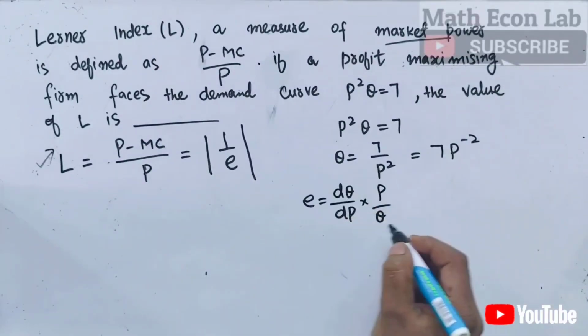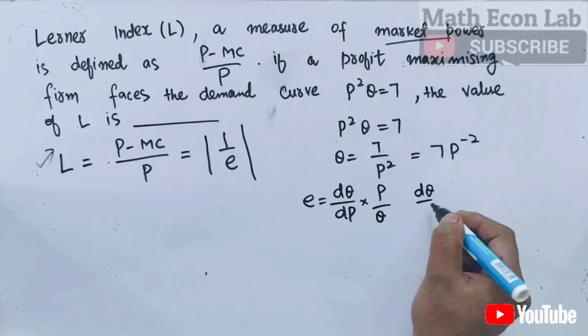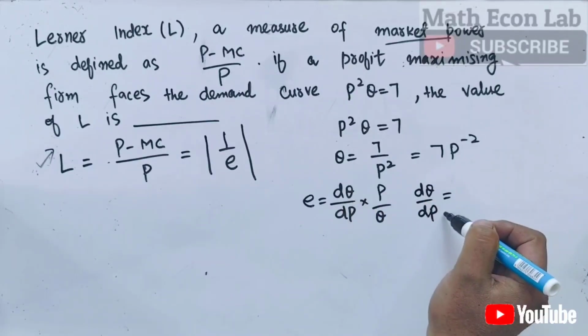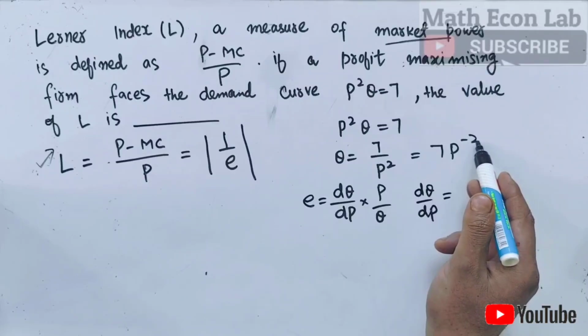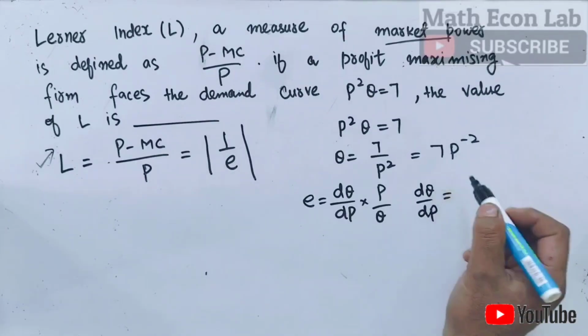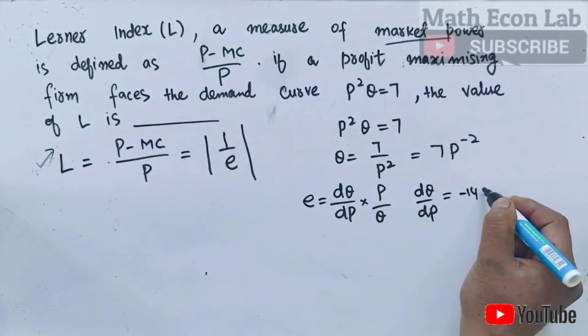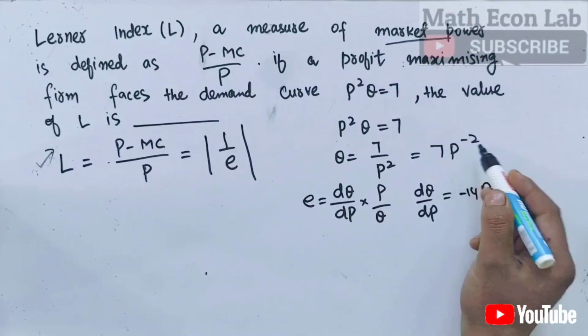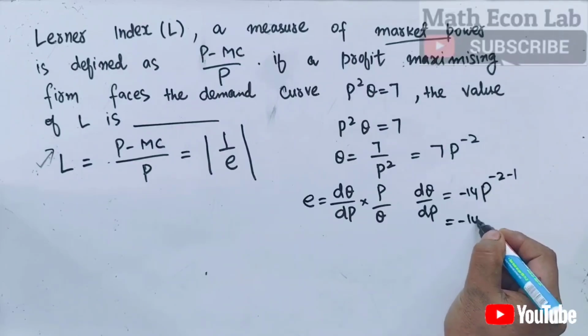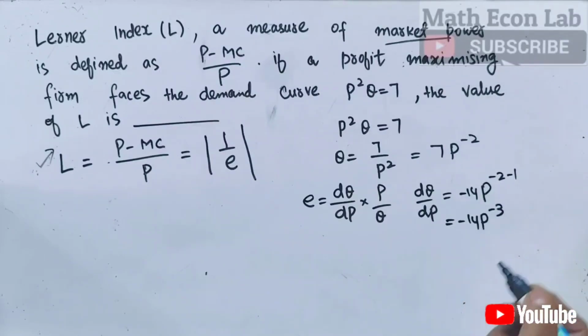So dQ upon dP, let us first find out this, meaning the derivative of this function with respect to price. Using the power function rule, the exponent becomes the coefficient, so 2 into 7 is minus 14 here. Then we have P, and the exponent is subtracted by 1, so we get minus 14 P raised to the power minus 3.